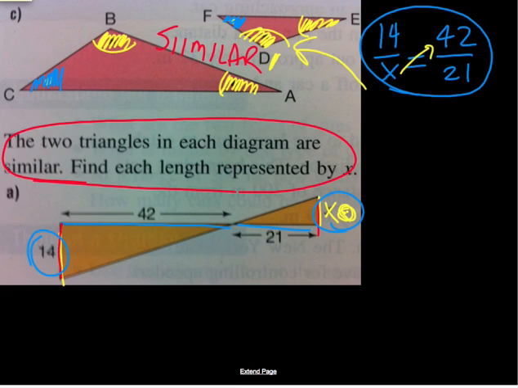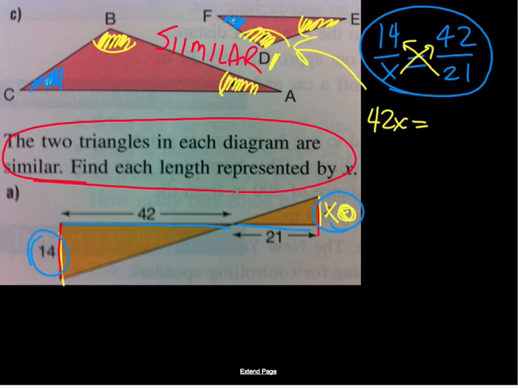I'm going to cross multiply x and 42 and get 42x. I'm going to cross multiply 21 and 14, and that's 210 and 84 is 294, but let me just double check that. 21 times 14, 294.